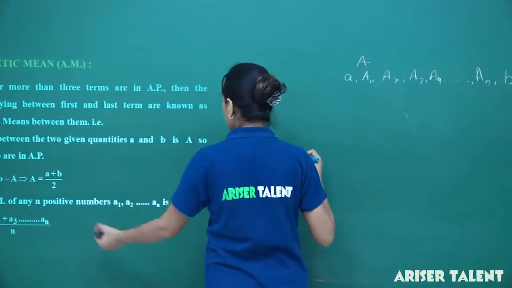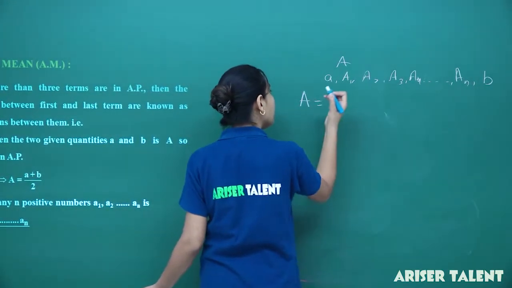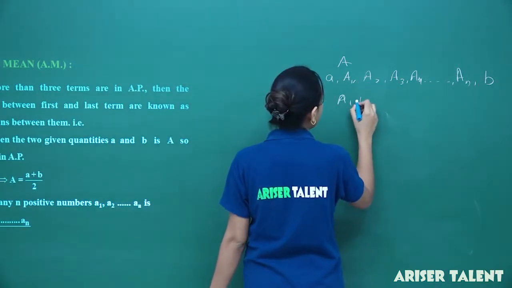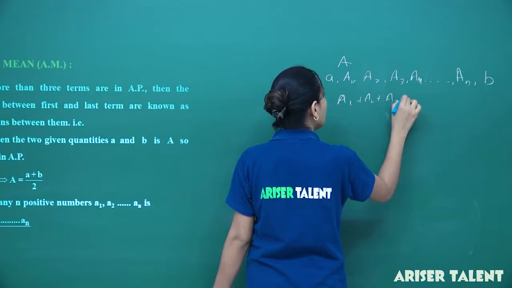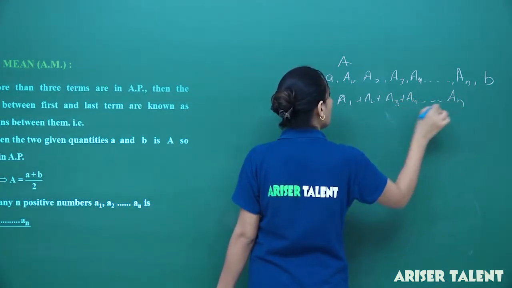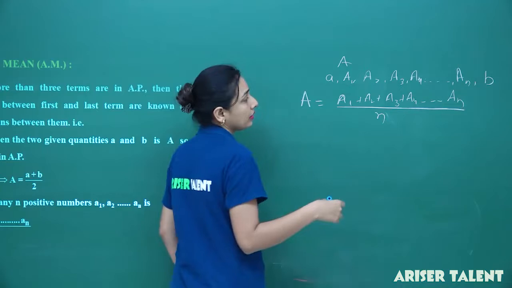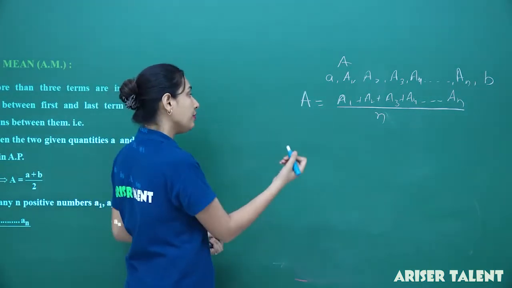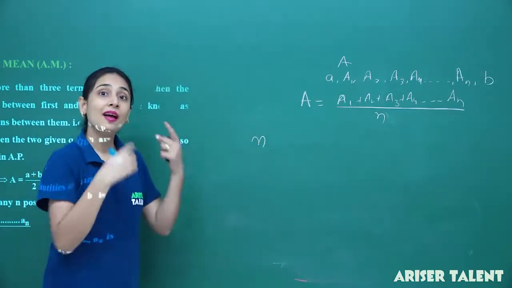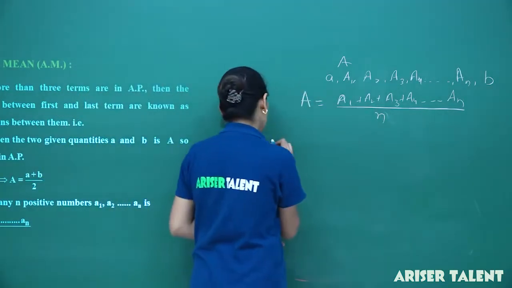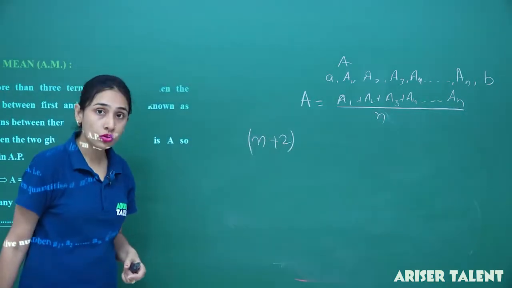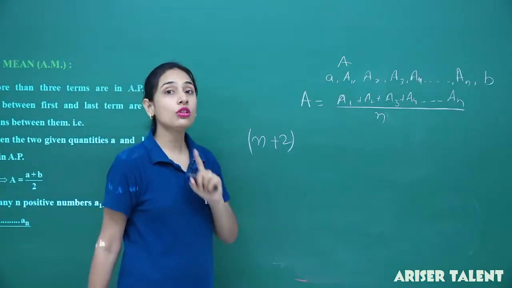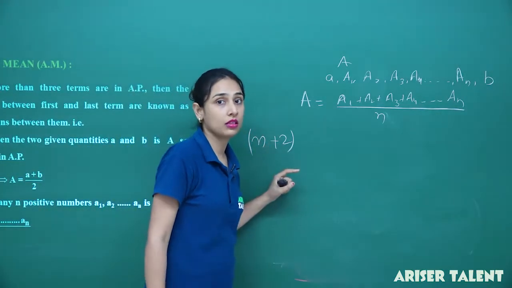In this condition, the value of the arithmetic mean A will be equal to A1 plus A2 plus A3 plus A4 till An upon n. Now in this series, look carefully. We are having n arithmetic means plus 2, a and b, so that will be n plus 2. The total number of terms in this arithmetic progression will be n plus 2. Now remember this, we will be making a formula with this.